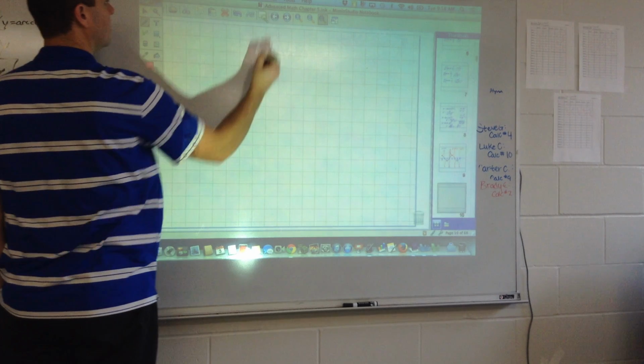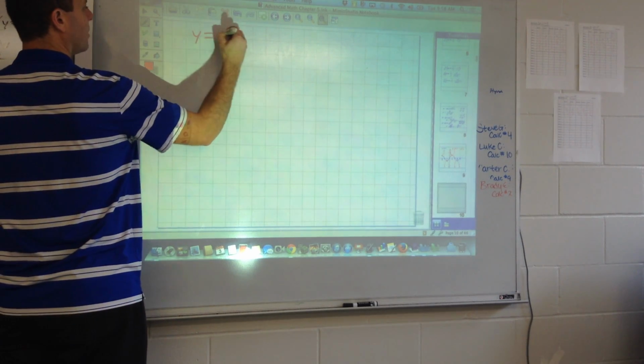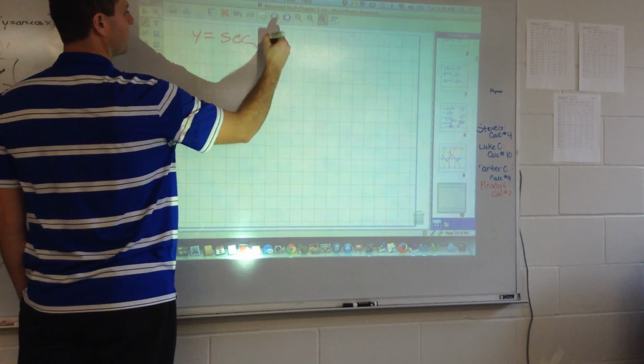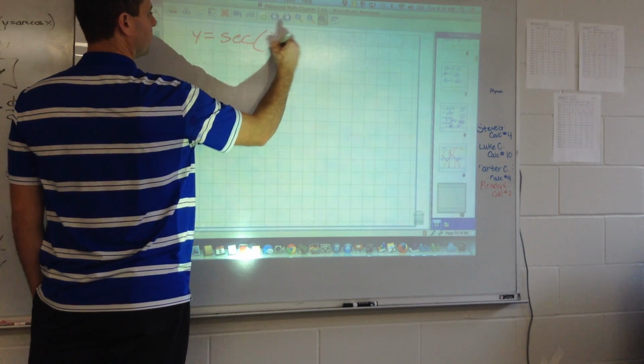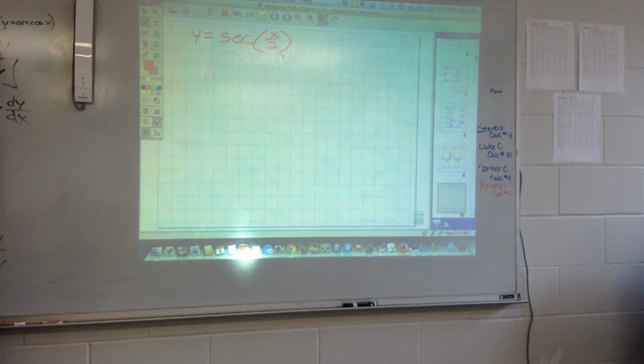Let's do y equals the secant of x over 2.